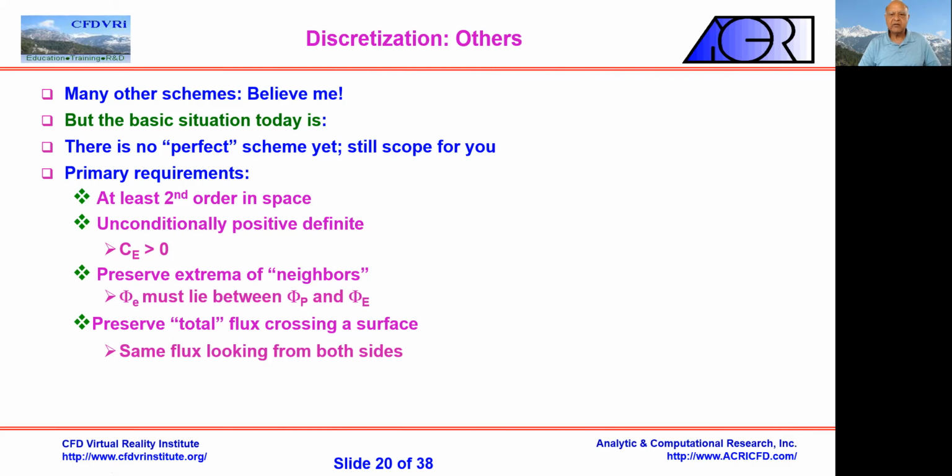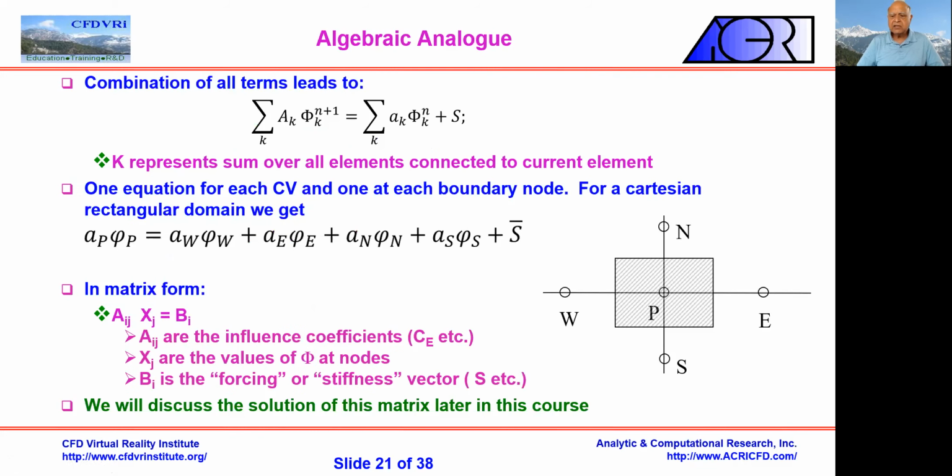computational fluid dynamics. Now, all these schemes would eventually give you an algebraic analog, and that algebraic analog would look like this. It'll be A_K, some influence coefficient, multiplied by the value at the new time, which is made up of the coefficient of the old time plus S. So this is how it looks, and K represents all elements connected to the current element.